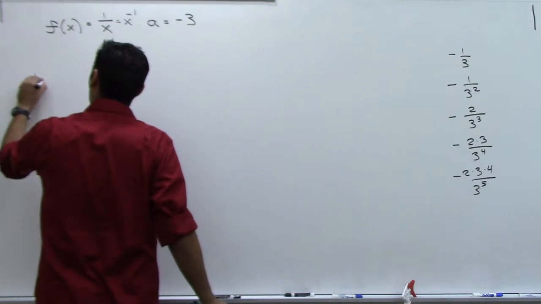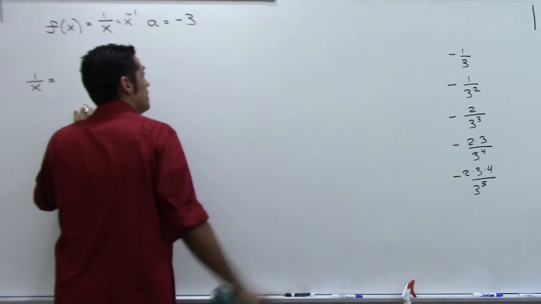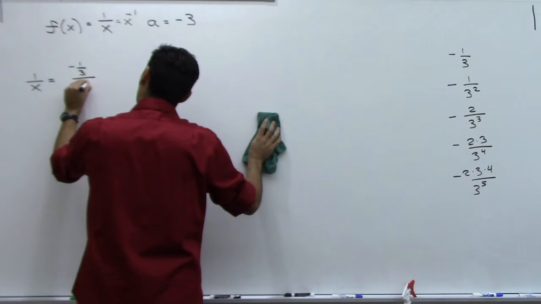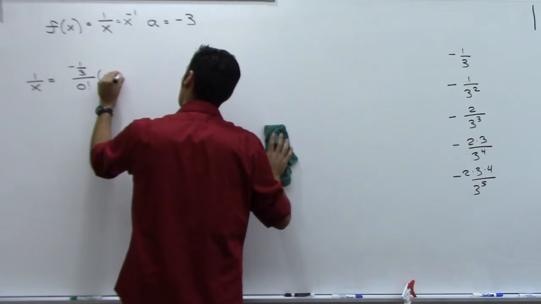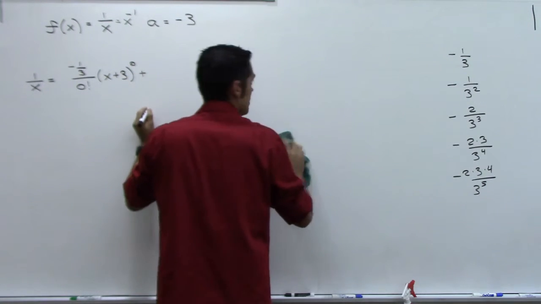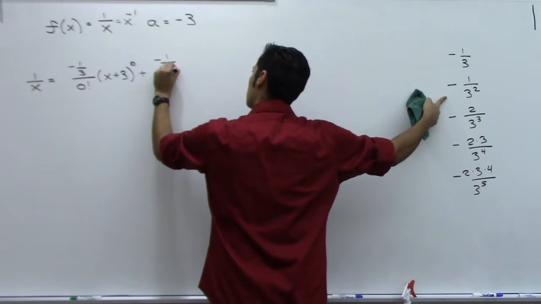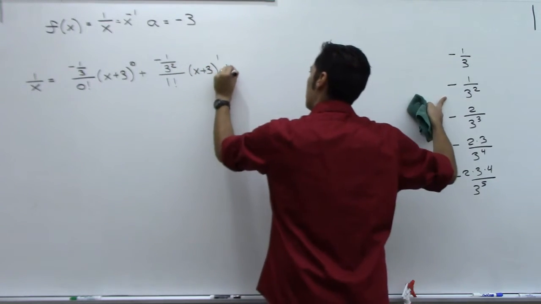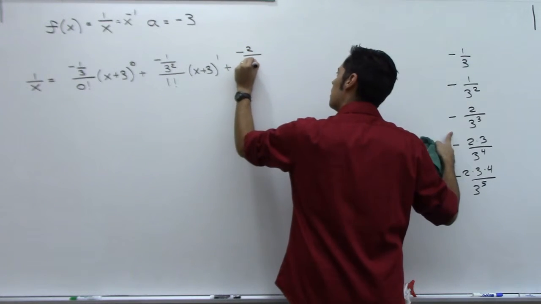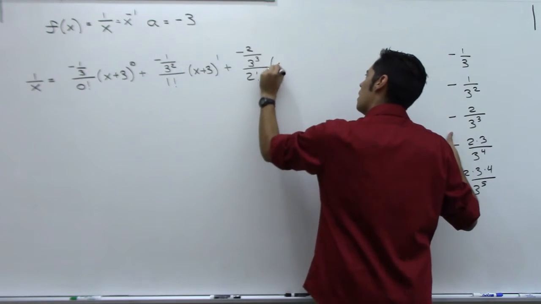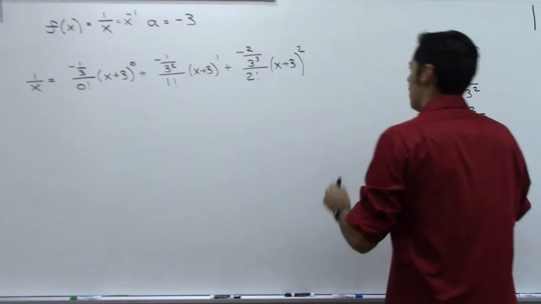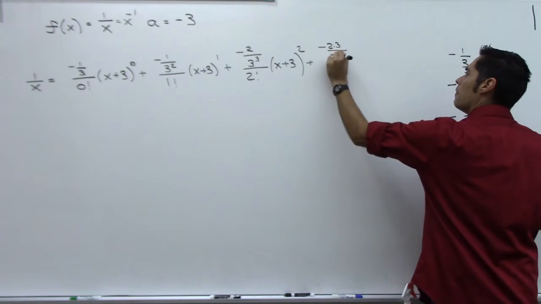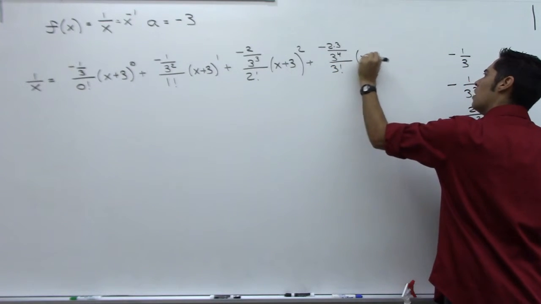So my Taylor series for this, 1 over x, should be equal to the 0th derivative at negative 3, which was negative 1/3, over 0 factorial, and then x minus negative 3, which is x plus 3 to the 0, plus, now again, negative 1 over 3 squared over 1 factorial, and then x plus 3 to the first, and then plus negative 2 over 3 cubed over 2 factorial x plus 3 squared, and then let's see, negative 2 times 3 over 3 to the fourth over 3 factorial x plus 3 to the third.